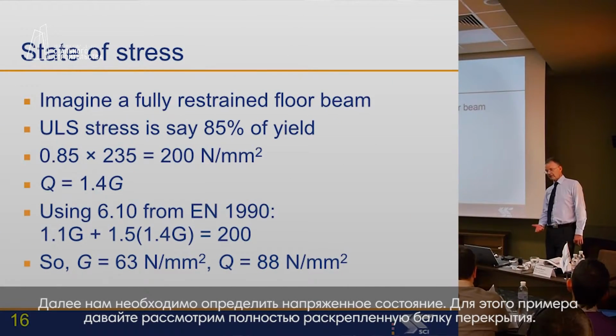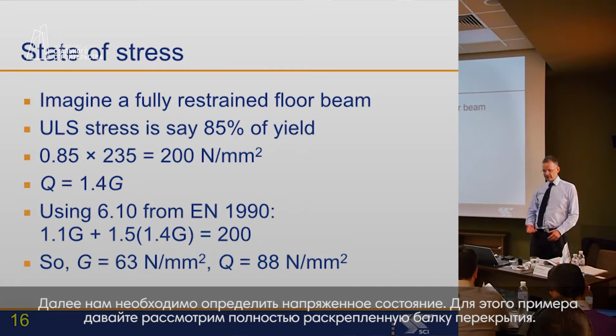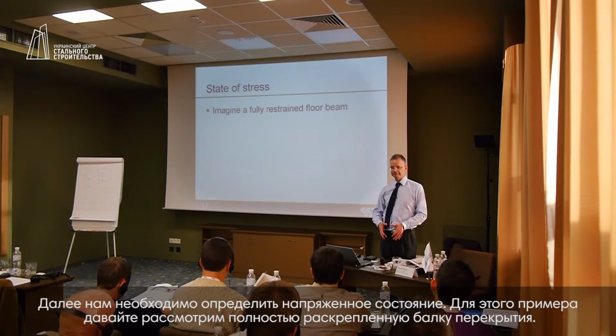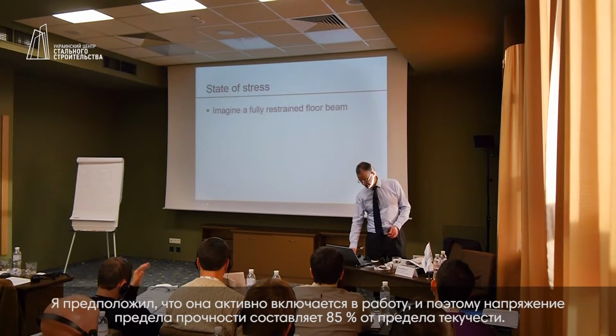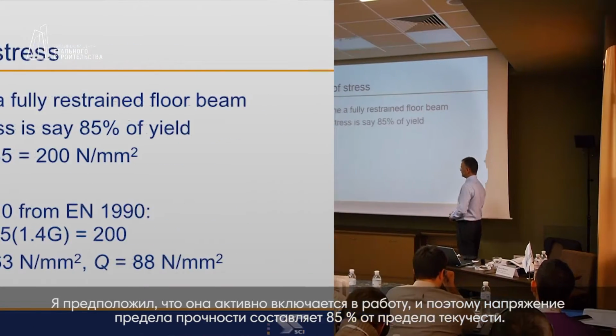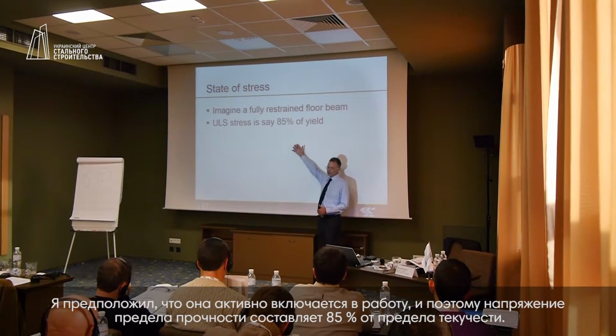So then I need to calculate the state of stress. And for this example, I have imagined a fully restrained beam. I have imagined that the fully restrained beam is working quite hard. So the ultimate stress is 85% of yield.